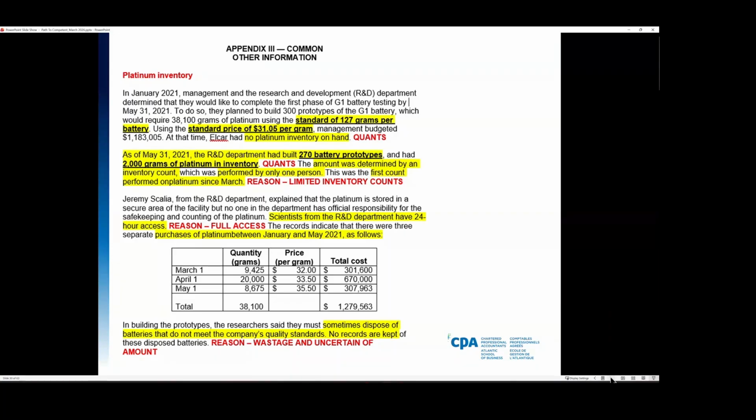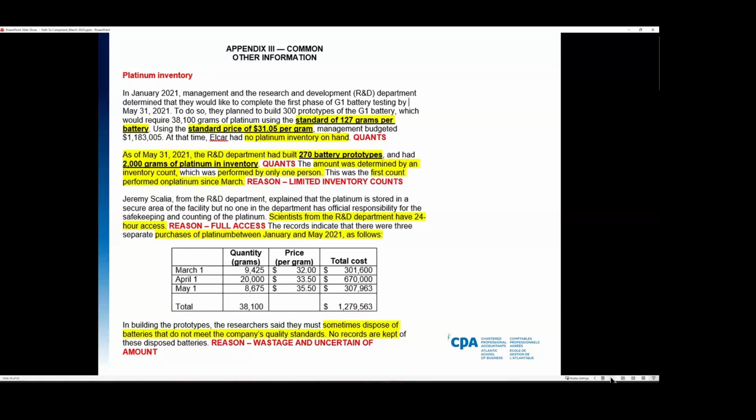There's some very important information here. Remember, I needed to talk about why the variance was different, whether it's favorable or unfavorable, and use specific case facts to support that. Here are some very important case facts. Limited inventory counts.